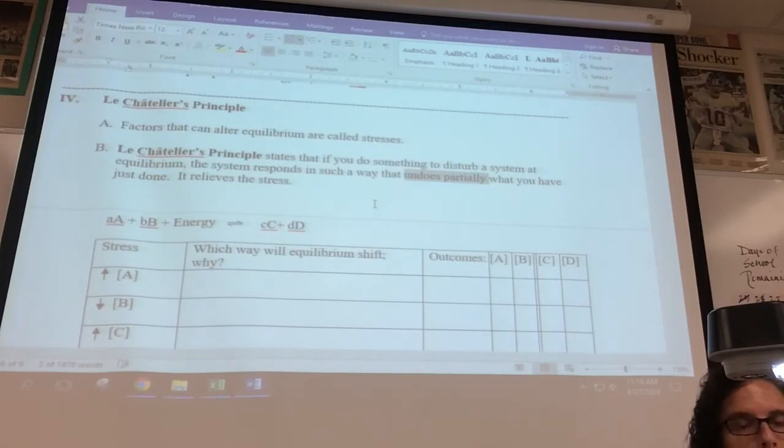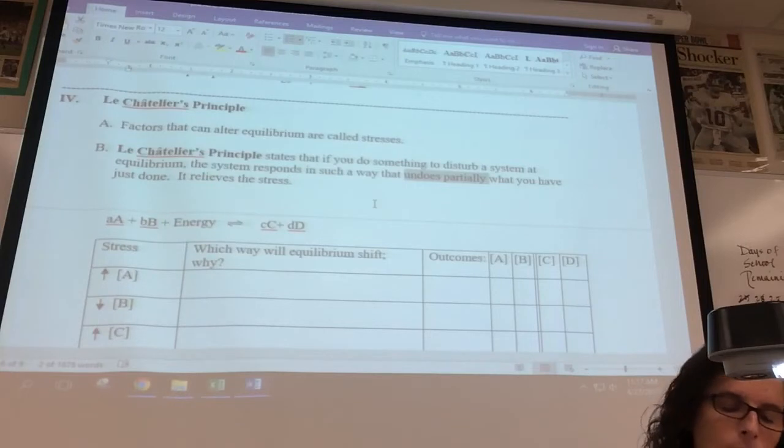So what's going to happen here is you're going to have an equilibrium system where the rate of the forward and reverse reactions are equal, and you're going to perturb equilibrium. And what you want to do is figure out in which way equilibrium will shift, understand why equilibrium shifts in that manner, and then also look at the outcomes, whether products or reactants will increase in amount.